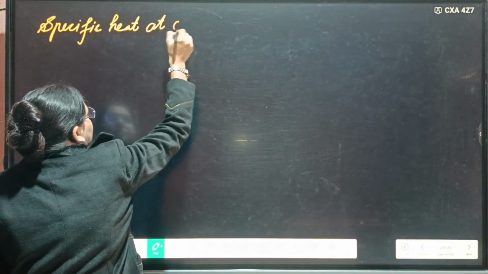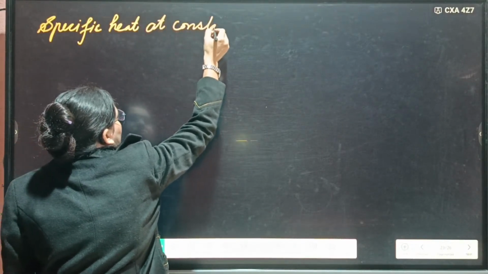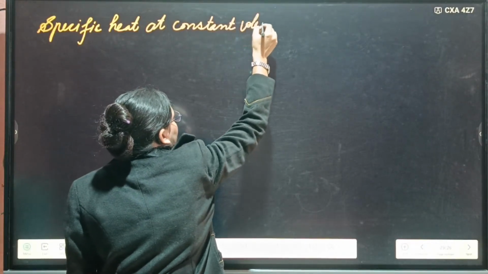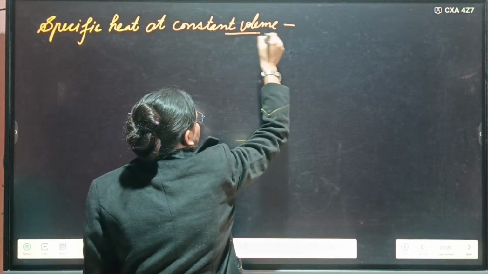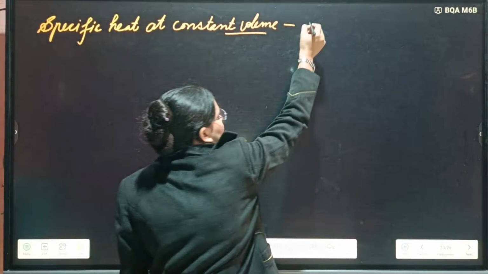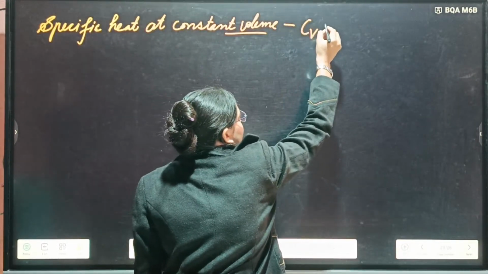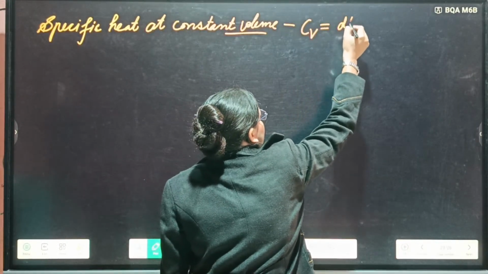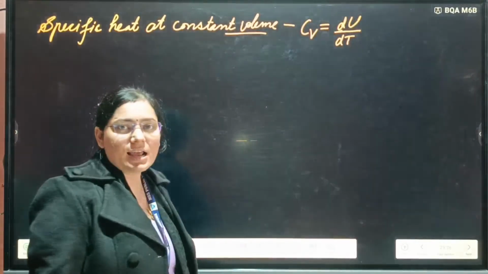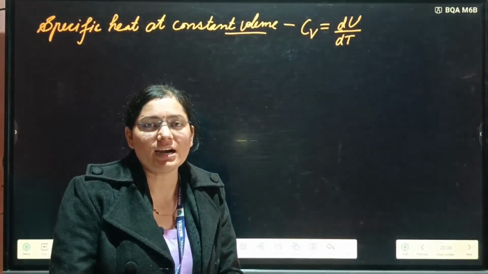at constant volume. At constant volume we can write CV, and for CV we know the relation: the rate of change of internal energy with respect to change in temperature.